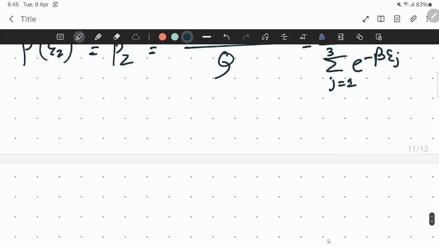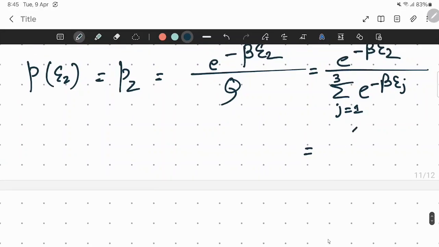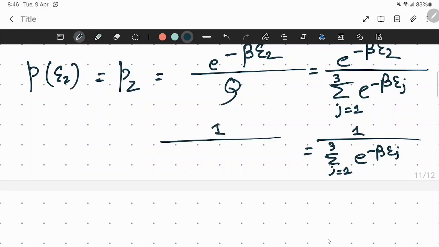So you can directly write it 1 by sum over j e to the power minus beta epsilon j. So what it will be: e to the power minus beta epsilon 1 plus e to the power minus beta epsilon 2 plus e to the power minus beta epsilon 3. Just now put the value.